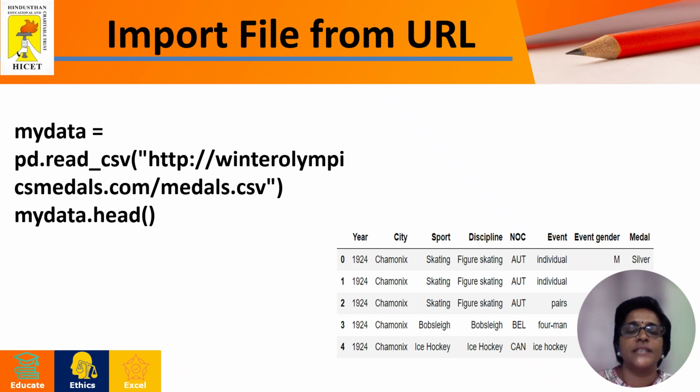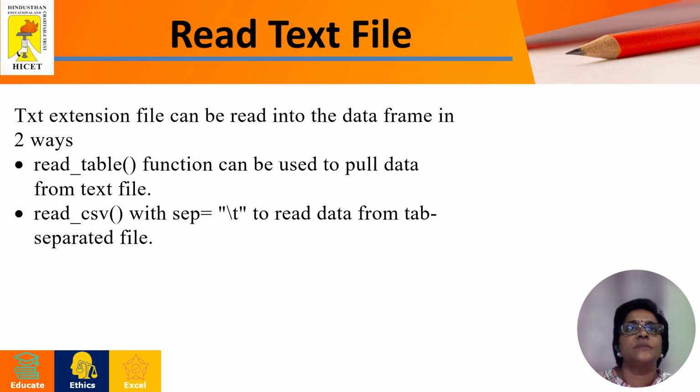So in this case, I'm going to import the URL from http://winterolympicsmedal.com/medals.csv. Appropriately, if the web URL contains a CSV file, then it will be loaded into the Pandas data frame.